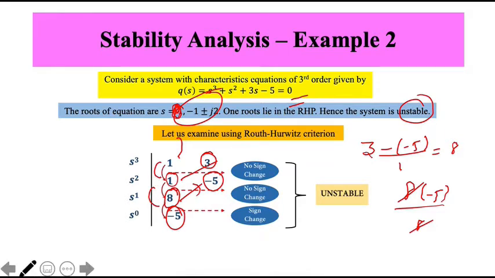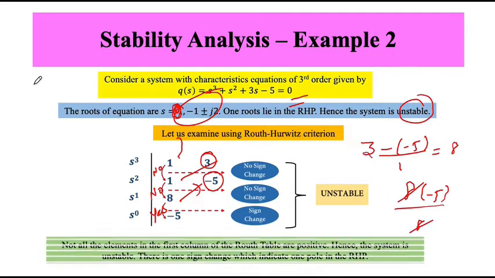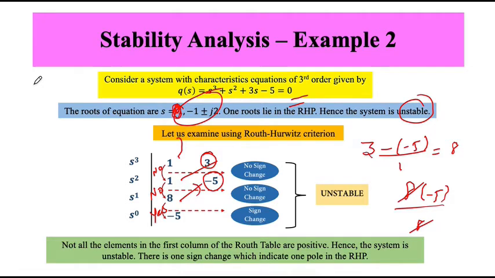I will clear it so that things will be more clear. Here there is no sign change, here again my answer is no. Here my answer is yes, there is a sign change. So this one is the unstable pole, and these two are stable poles.